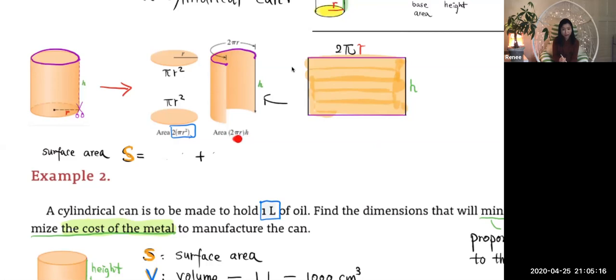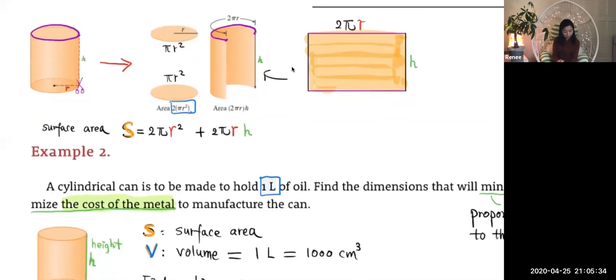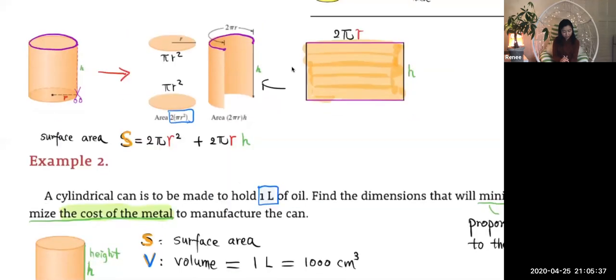So the surface area is equal to 2 pi r squared plus 2 pi r h. This is the formula for the surface area of this cylindrical can.